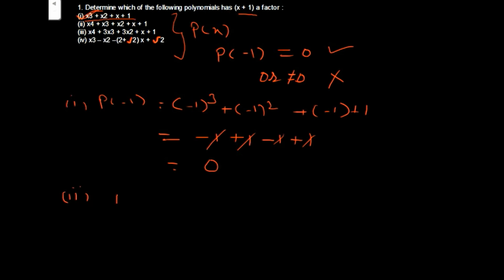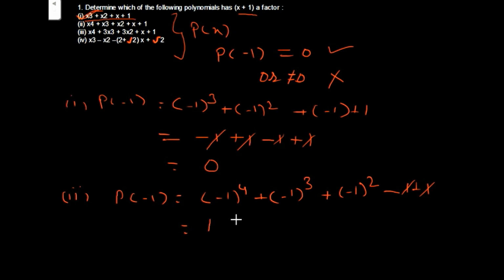Similarly, we can check the second case as well by finding P of minus 1. P of minus 1 in the second case is equal to x raised to the power 4, so minus 1 raised to power 4 plus minus 1 cube plus minus 1 square raised to power 2, minus 1 and plus 1. So these two will cancel out. Minus 1 raised to any even power gives a positive number, positive 1.